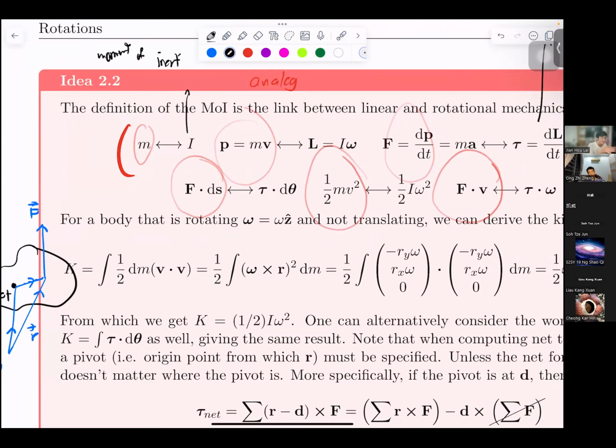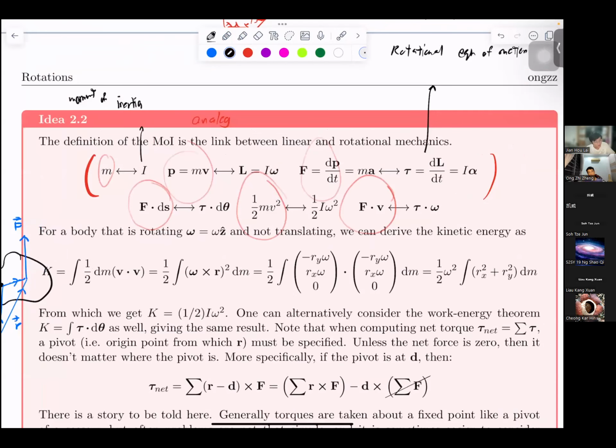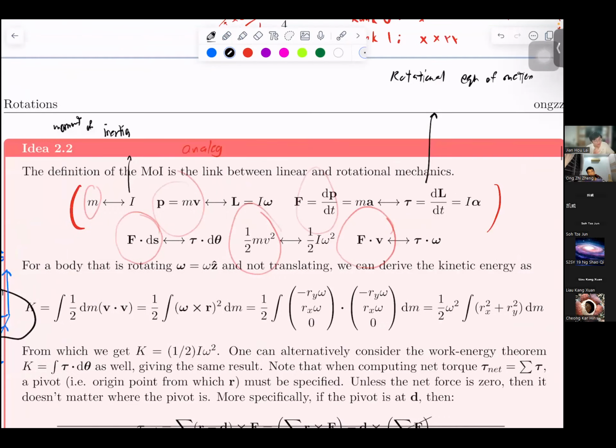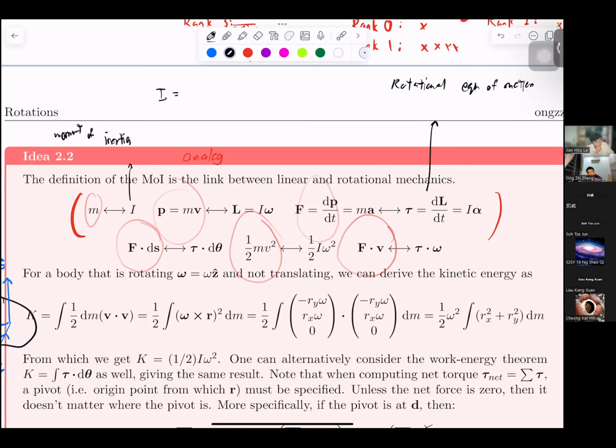Related to the mass, the moment of inertia is defined in a way that, let's say you have a rigid body. The idea is that the moment of inertia is related to the mass.